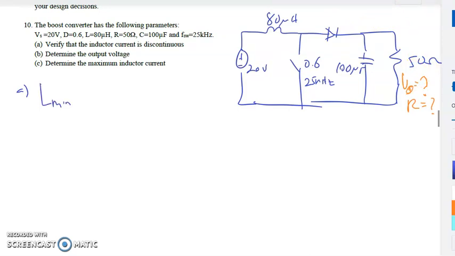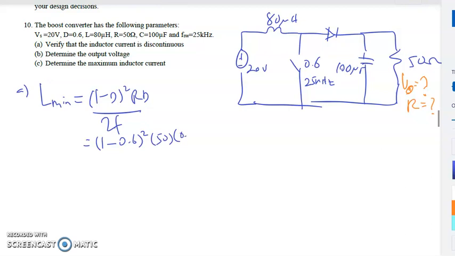So we need to verify whether the inductor provided is sufficient to provide CCM for our circuit. From the formula, L min for the boost converter is (1 minus D) squared times R times D divided by 2F. So (1 minus 0.6) squared times 50 ohm times 0.6 divided by 2 times 25 kilohertz.